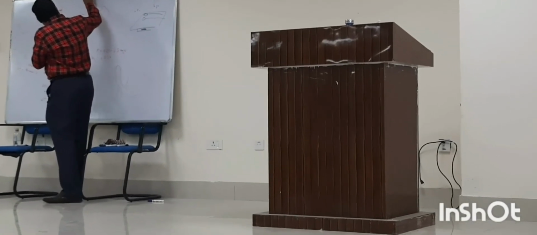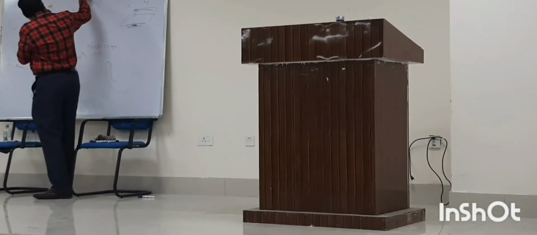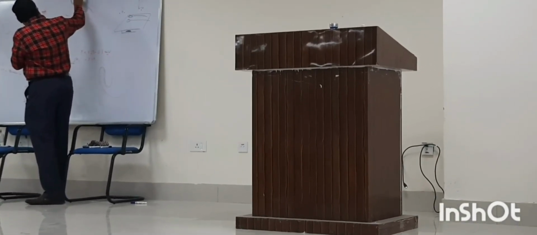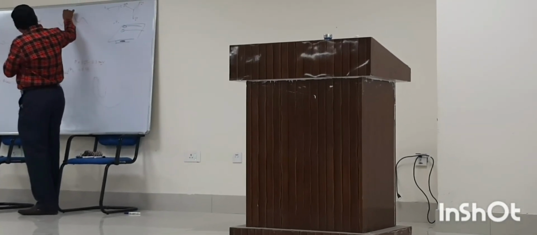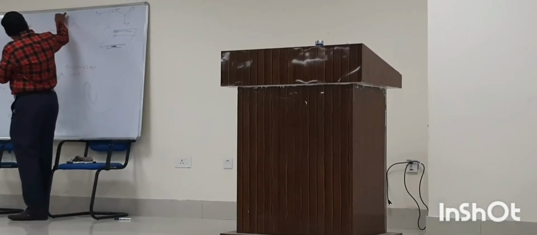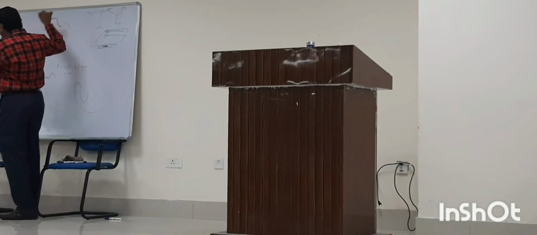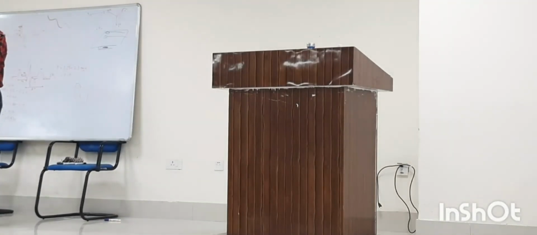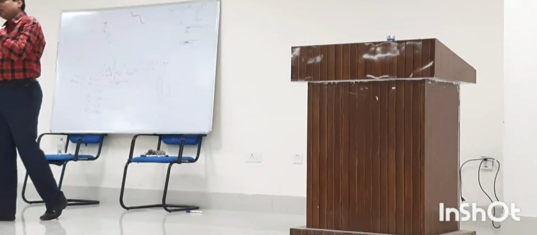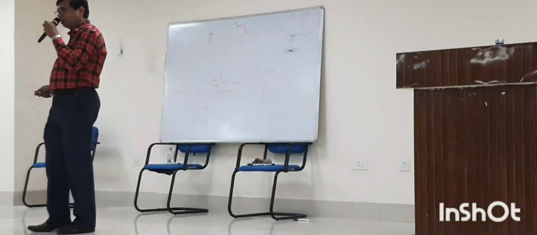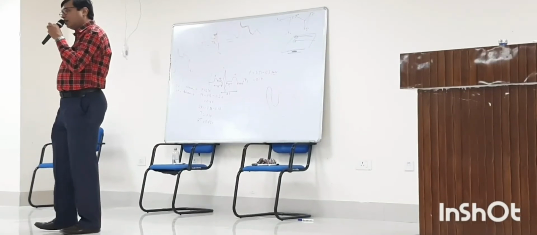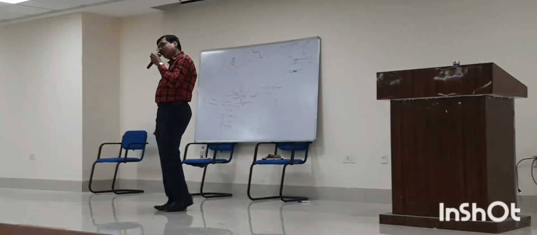So depolarization started from here and very slowly. That is the S wave. That is called the ST elevation. If ST elevation is there, there is another issue, that's the ST depression.